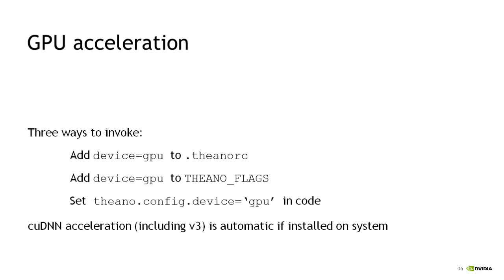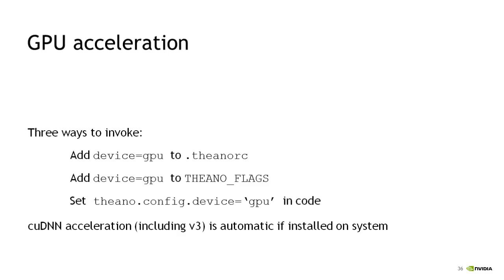To leverage GPU acceleration, there are three ways. You can add the device=gpu flag to the .theanorc file. You can pass in a Theano flag device=gpu when you invoke your script, or you can use the theano.config submodule and set the device to GPU in your code.